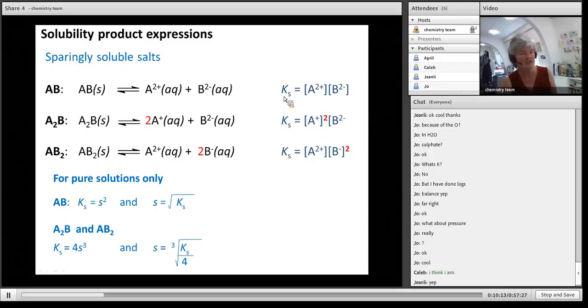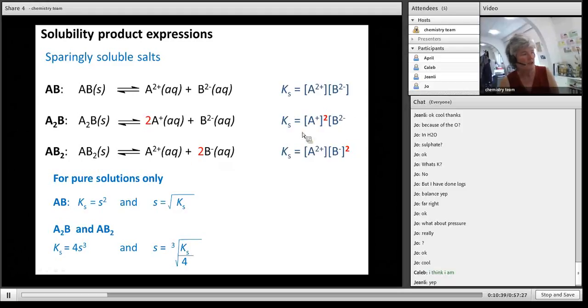So you'll notice I don't have any reactants underneath here. I only have products, because my reactants are solids. And there should be a square bracket over here. Sorry, I forgot about that.